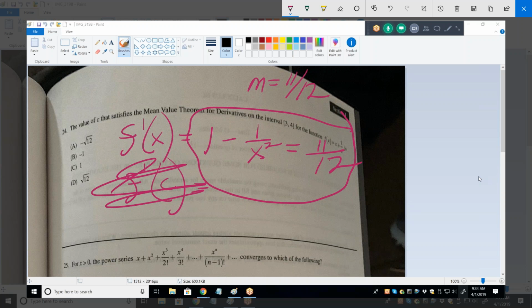In other words, this is the first derivative, correct? 1 minus 1 over x squared is the first derivative of that function. Correct. So we're looking for a point where that first derivative is equal to the average slope of the function between 3 and 4, which is 11/12. So we merely have to solve that. That's 1 over x squared equals 1/12.